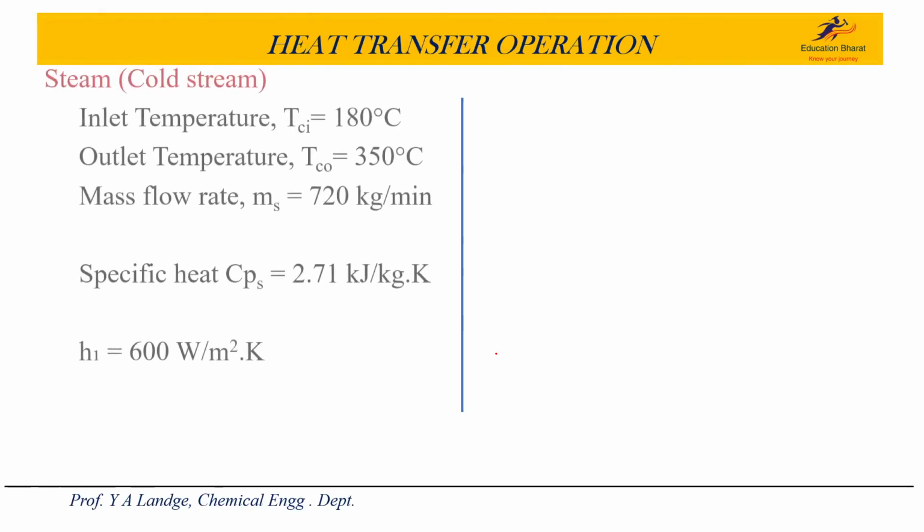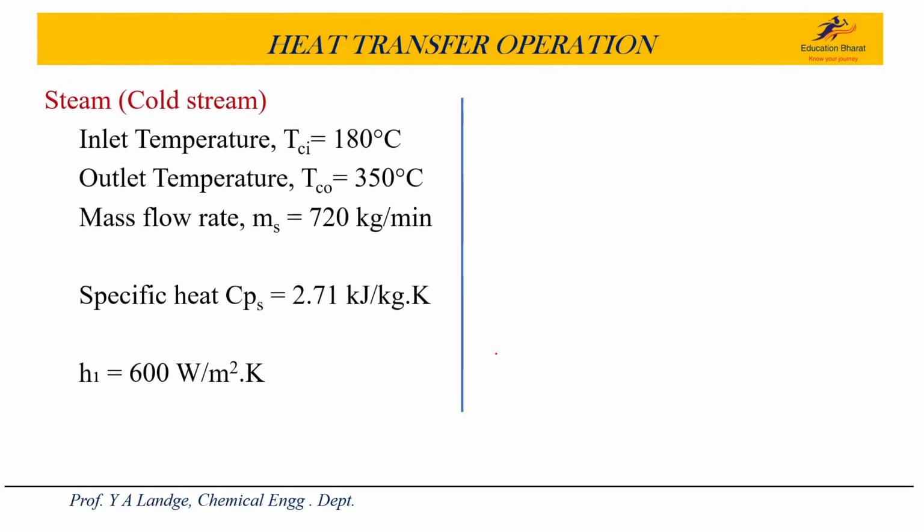The data is like that. The steam, which we consider the cold one because it absorbs the heat from the hot gas, has an inlet temperature T_ci of 180 degrees Celsius.